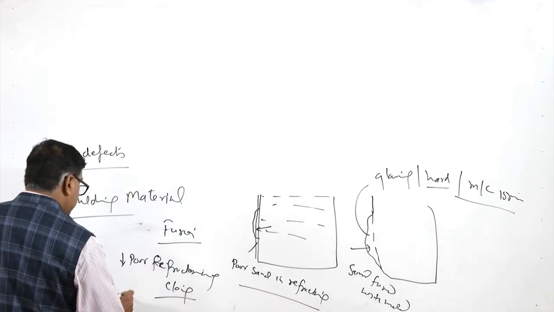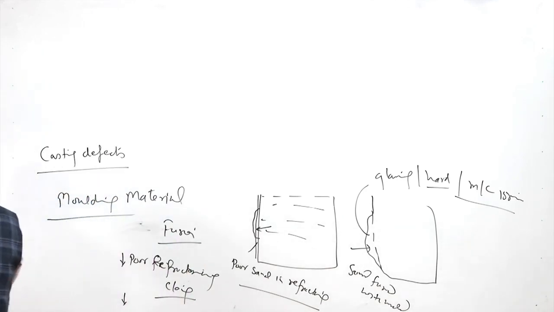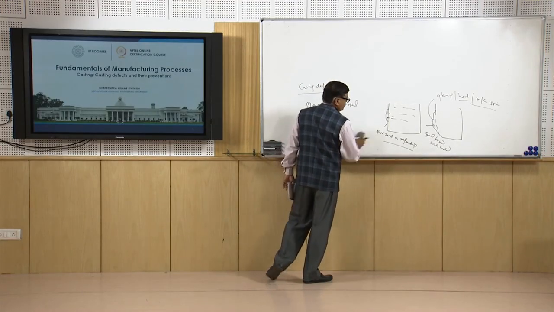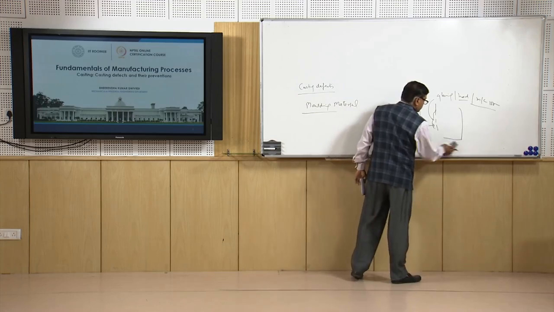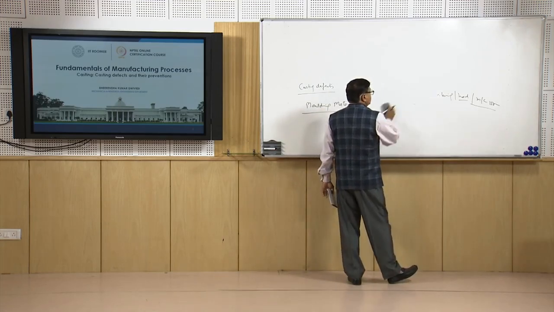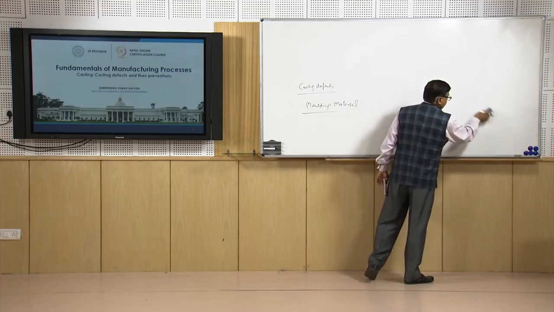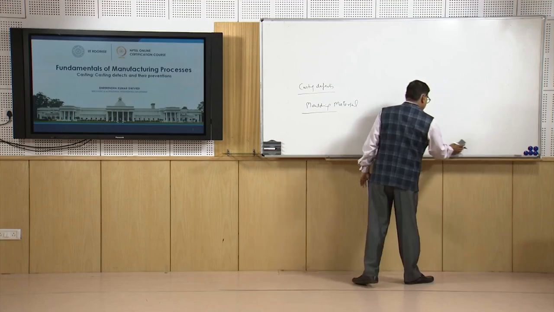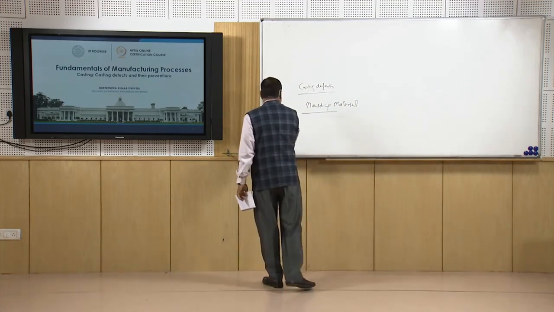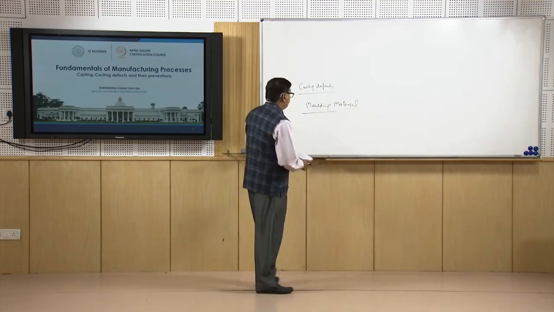Another thing which can be done, instead of using too high a temperature of the molten metal, is to control the pouring temperature suitably so that such fusion of the mold walls can be avoided. The pouring temperature should be according to the molding materials, which can sustain the temperature of the molten metal, otherwise it will fuse.